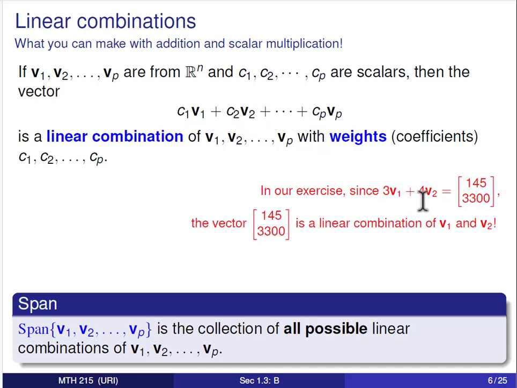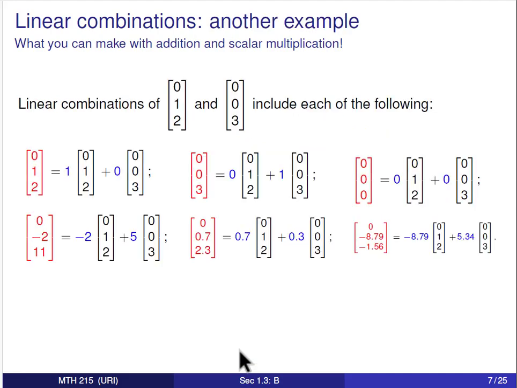And as we do that, we're going to produce infinitely many different linear combinations. And the span is the set that contains all of those infinitely many possible linear combinations of v1 through vp.